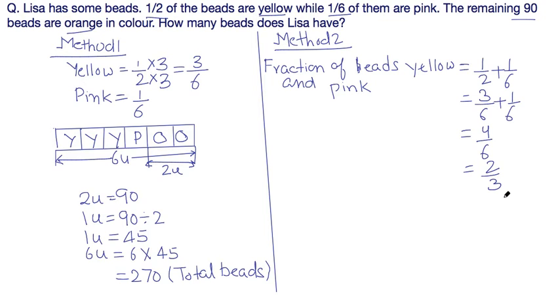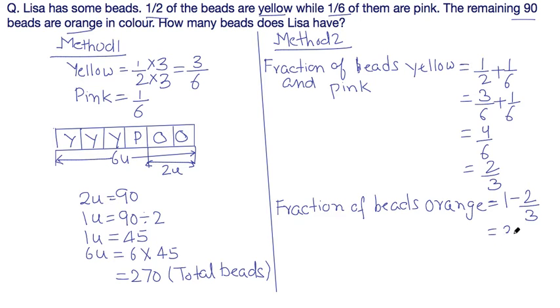Now from this we can find the fraction of beads which are orange in color. So how do we find that? That is the whole minus 2/3, right?